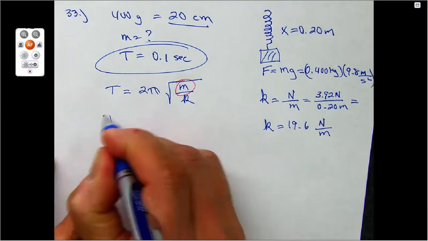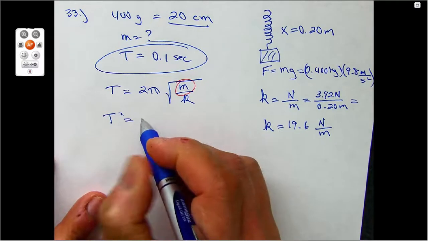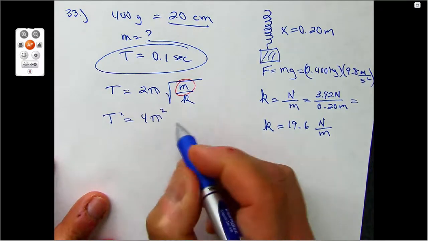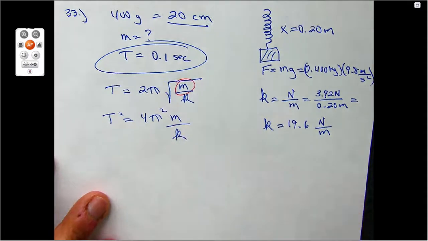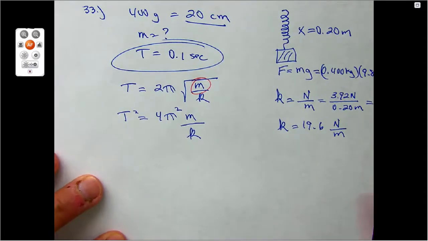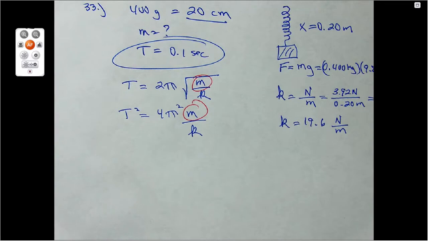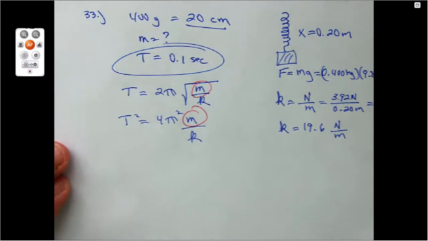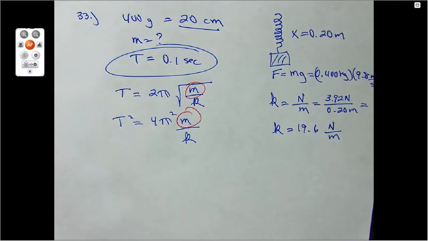I'm going to get my period squared equals 4 pi squared m over k. Now I can solve that for my unknown mass. And that should work out pretty slick.